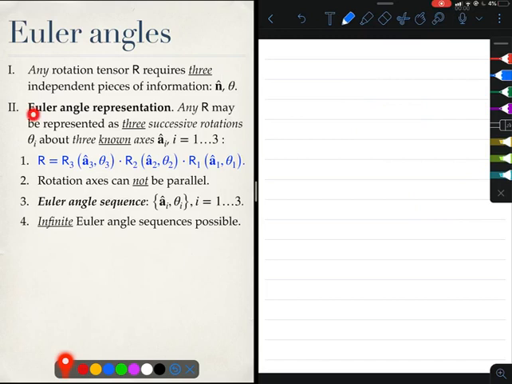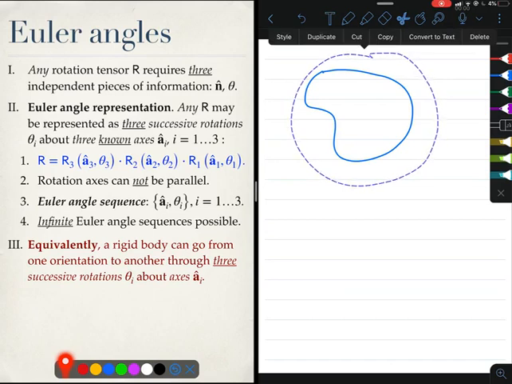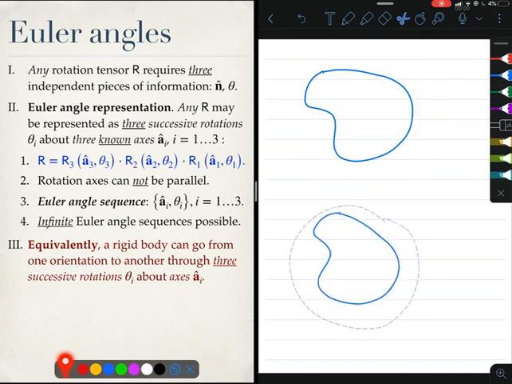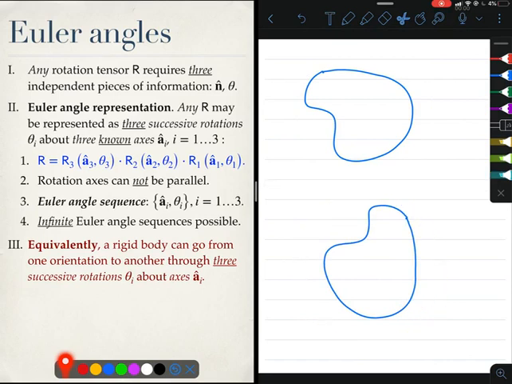So that was the Euler angle representation, but we are also saying something more useful for this course. If a rotation tensor can be split into three successive rotations about three known axes, what it also means is that if I had a rigid body, and I'll draw a rigid body over here, and if I had another orientation of this rigid body, let me copy it and paste it here and rotate it, so that's the same rigid body but in a different orientation.